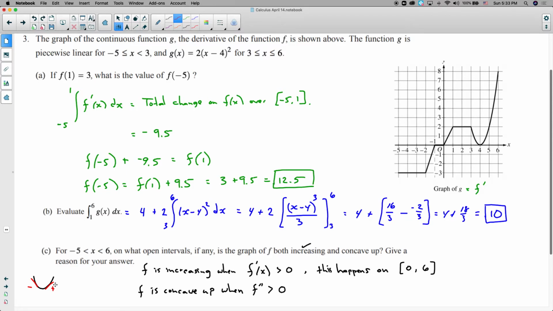It's going from negative to positive, it's increasing. These tangent slopes are increasing. The tangent slopes are the first derivative, and their rate is the second derivative. So for concave up, f double prime is greater than 0. So this happens on, and now we have to consider where f prime's derivatives are positive. That's in all of these red zones.